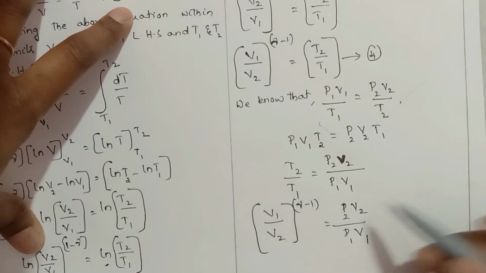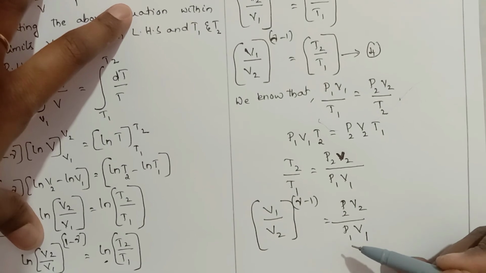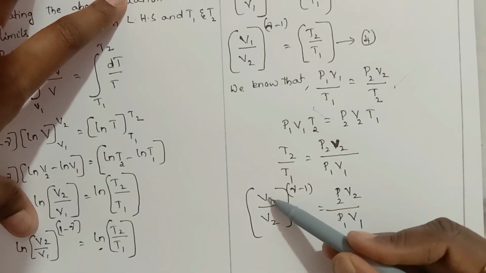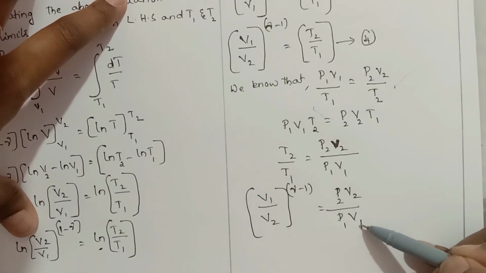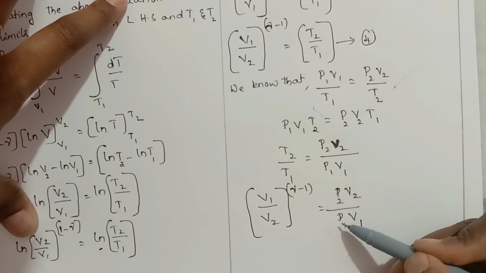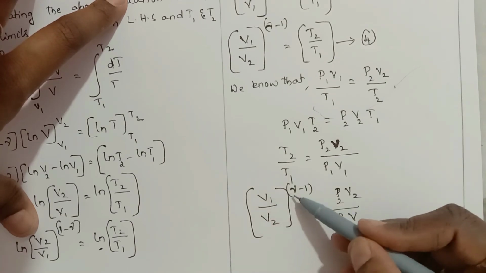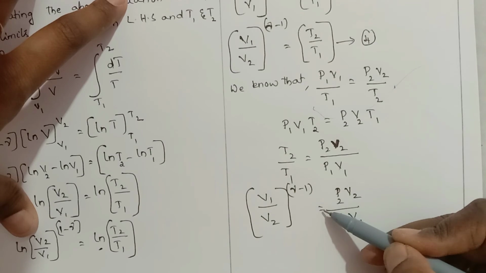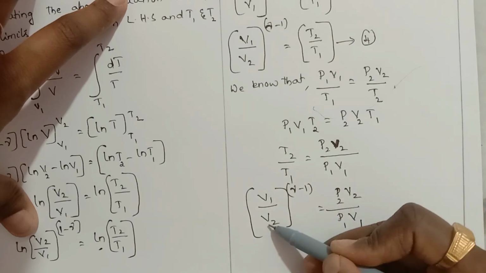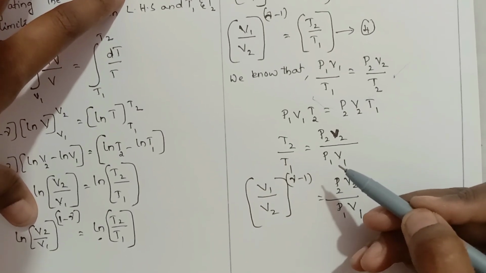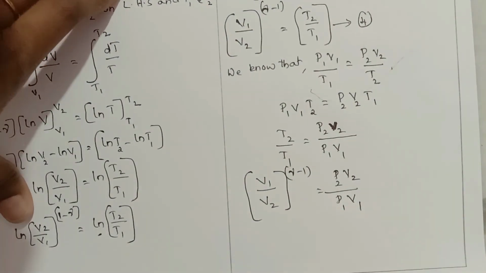Here also we will do cross multiplication. P1 V1 into V1 to the power gamma minus 1 is equal to P2 V2 into V2 to the power gamma minus 1. I am writing here, look carefully.